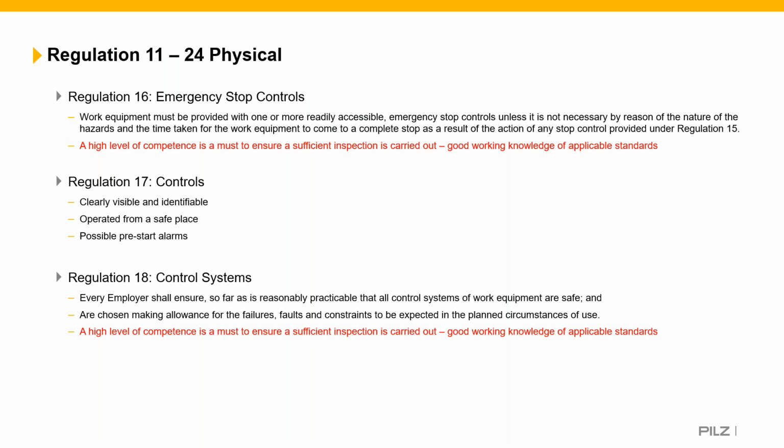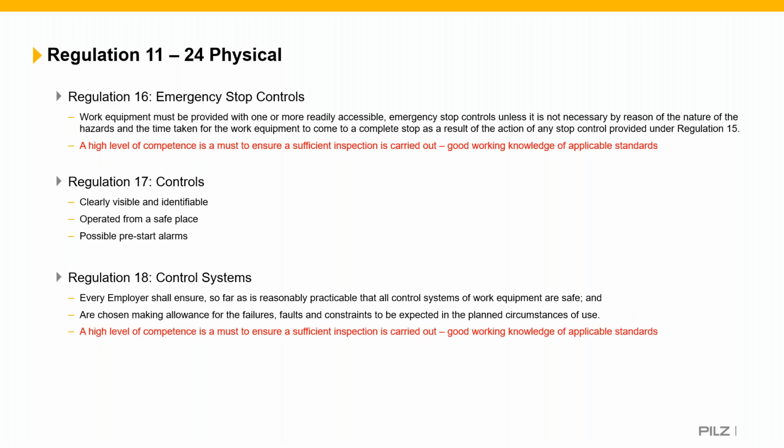And we need to ensure that the control circuits are safe, in that they will be chosen making allowances for failures, faults, constraints, etc. So it needs to make sure that, as far as is reasonably practicable, any fault in or damage to any part of a control system, or the loss of supply of any energy source, cannot result in additional or increased risk to health and safety.